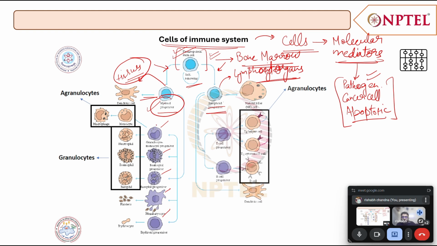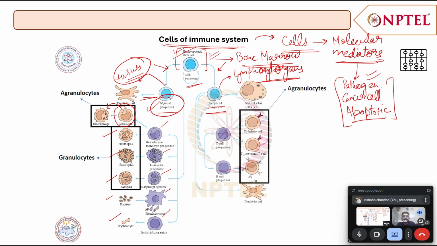These progenitors give rise to neutrophils, eosinophils, basophils, platelets, and erythrocytes, respectively. We'll talk about these cells in detail, and this granulocyte monocyte progenitor will also give rise to monocytes that will further differentiate into macrophages.